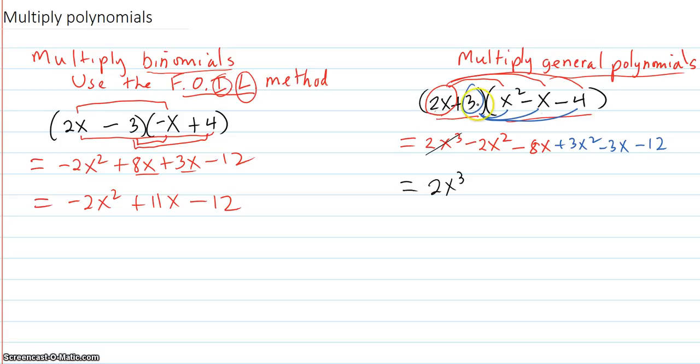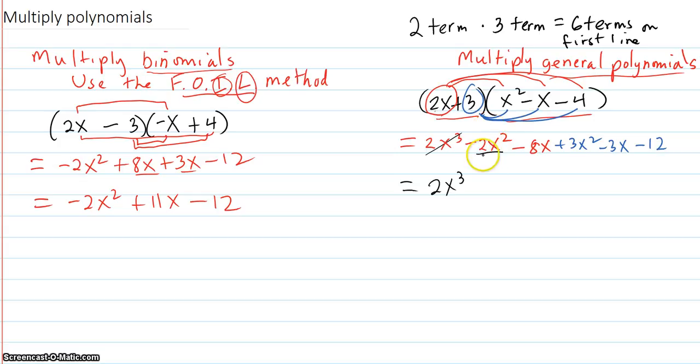Oh, and by the way, when you have a 2-term times a 3-term polynomial, you're going to get 6 terms on the first line before you simplify it. Okay, so there's 6 terms, so we did it right so far.